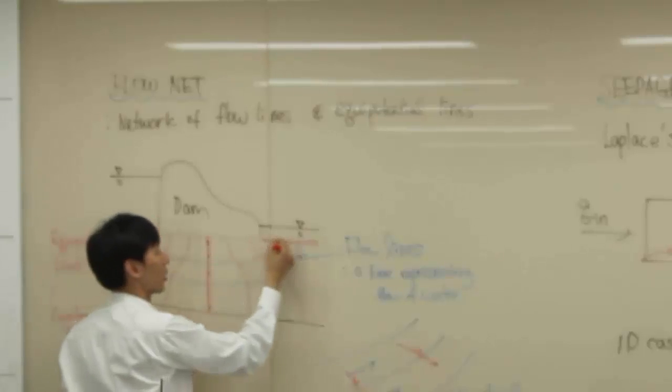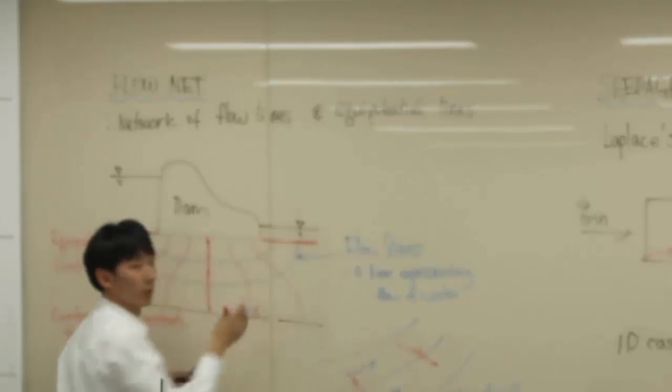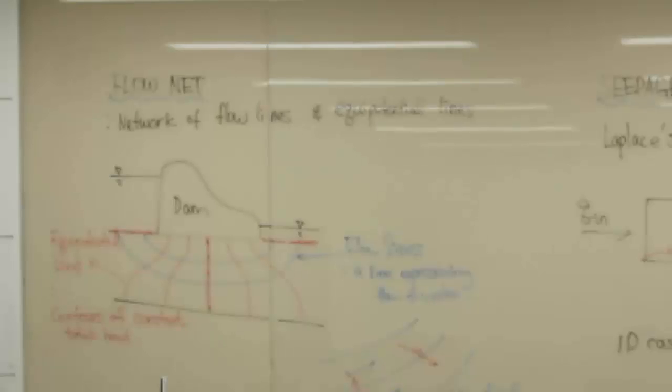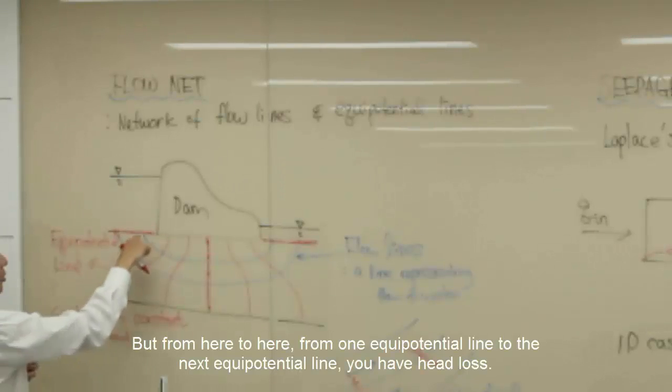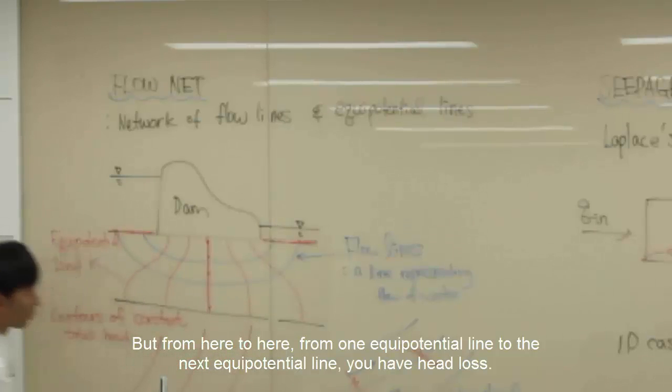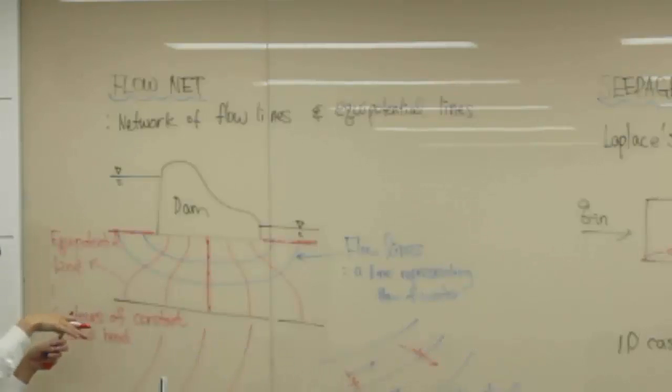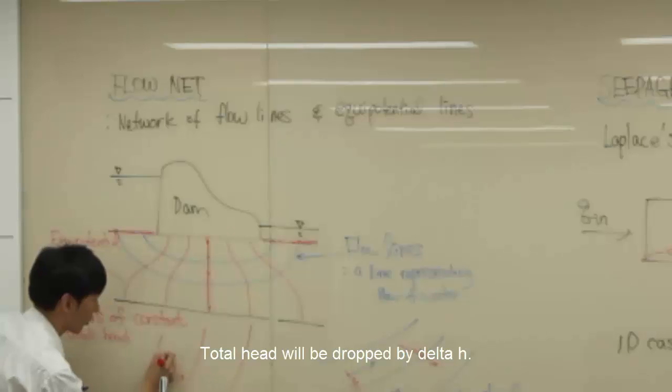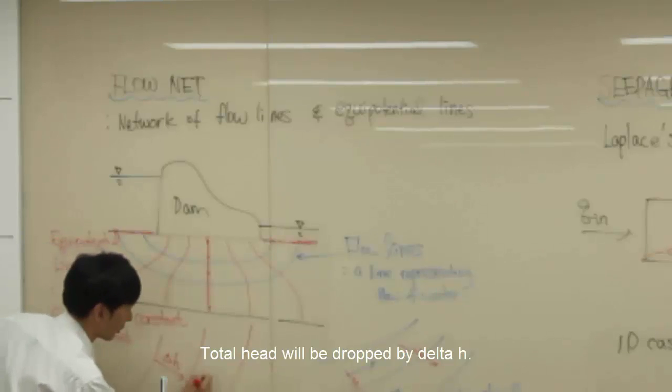At the water table, also any point on the line will have the same total head. Okay? But from one equipotential line to the next equipotential line, you will have head loss. So total head will drop by delta H.